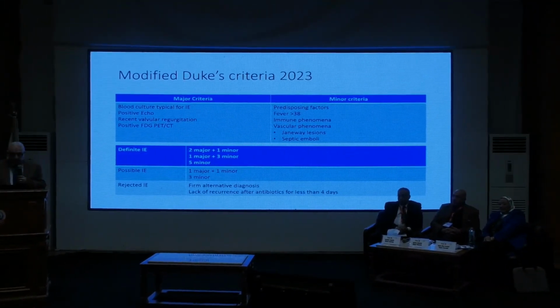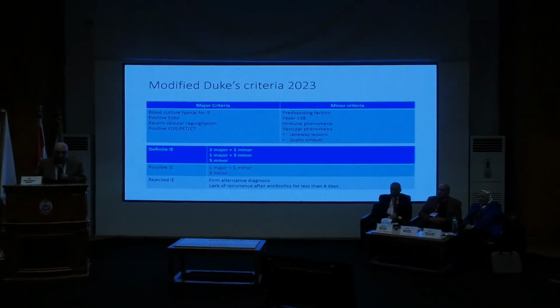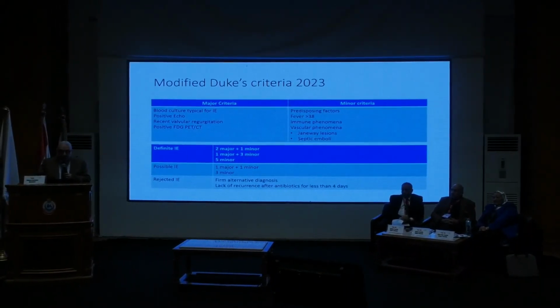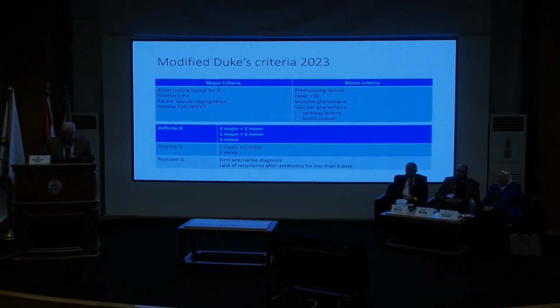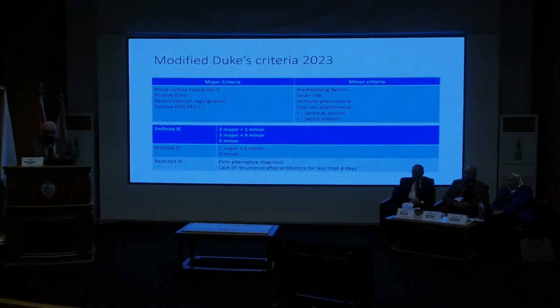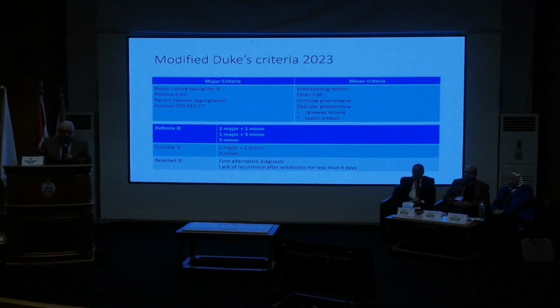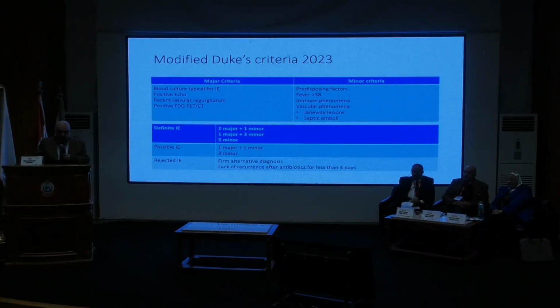The minor criteria, of course, are having a predisposing factor, which we just mentioned. We have fever more than 38 degrees, or any clinical signs like the immune phenomena or vascular phenomena. To definitely diagnose infective endocarditis, we need 2 major and 1 minor criteria, or 1 major and 3 minor, or 5 minor criteria. This is definite infective endocarditis.